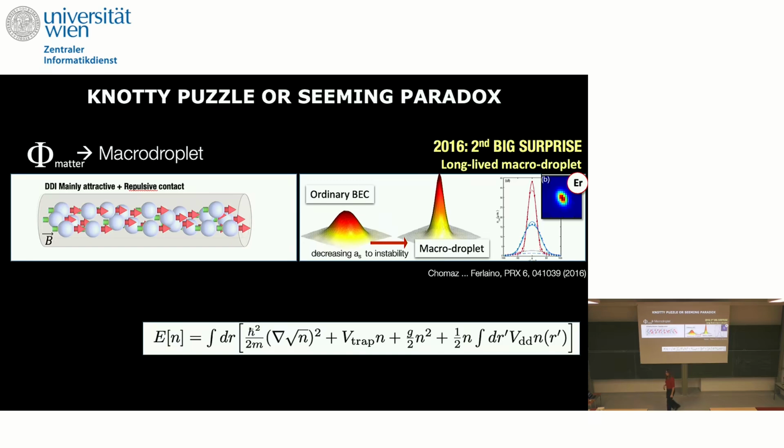Because of course in all this we are forgetting inelastic losses. But if the density becomes too big, the atoms are close, there are three-body losses that make two atoms bind in a molecule and one remain an atom, but then this releases a lot of binding energy and they are lost from the trap.